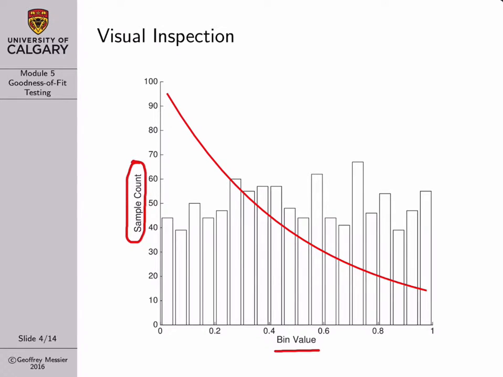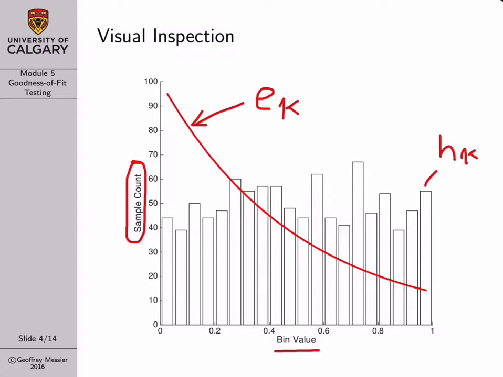The columns represent HK, the number of experimental samples that fall into each histogram bin. And the smooth exponential curve represents the values EK, the number of samples that we expect to fall into each bin based on the theoretical PDF equation that we're using.